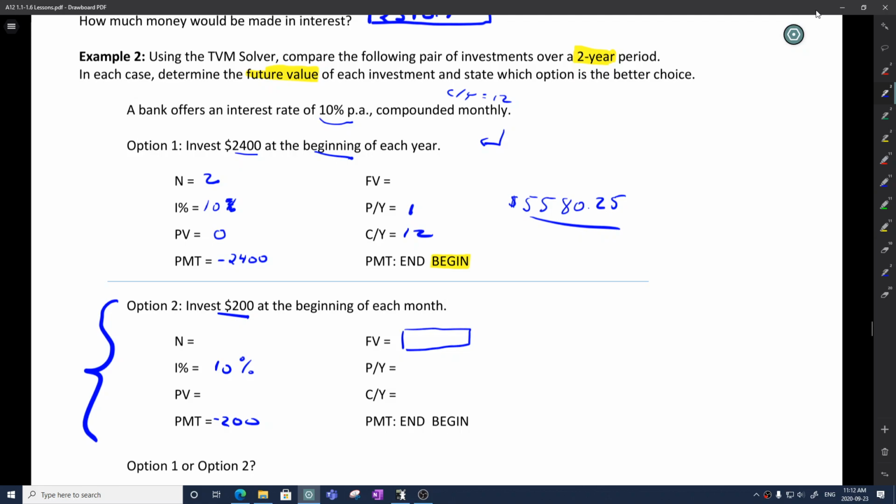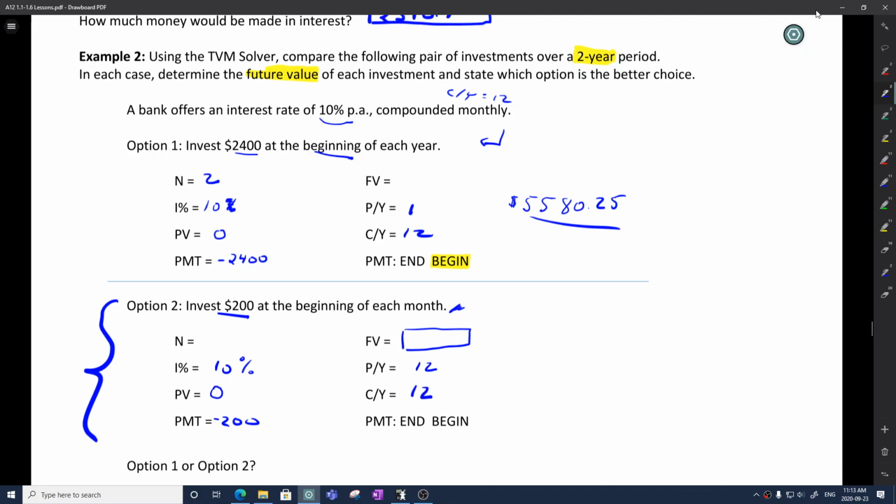How much before I start my investment? $0. My payments per year, well, each month I'm making a payment now, so my payments per year is going to be 12. Compounded per year, I would have to assume it's the same as up here, compounded monthly. So again, we're going to put 12.